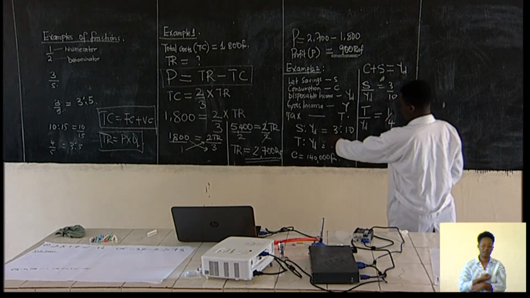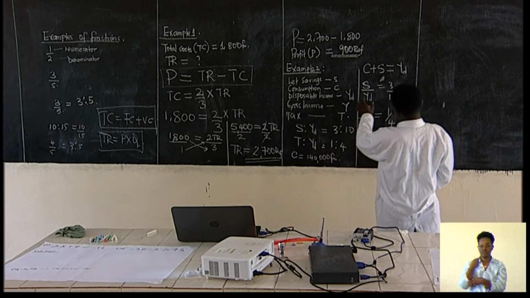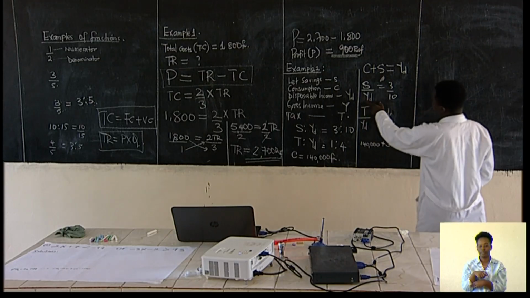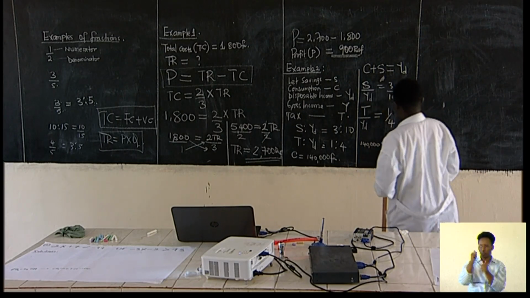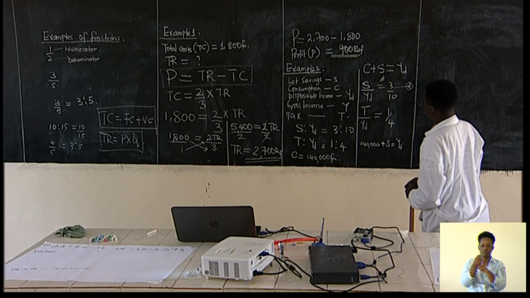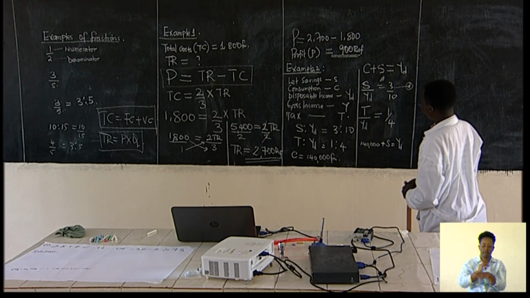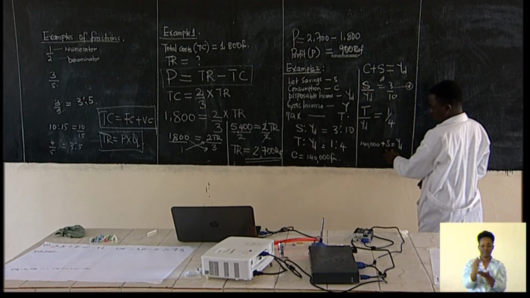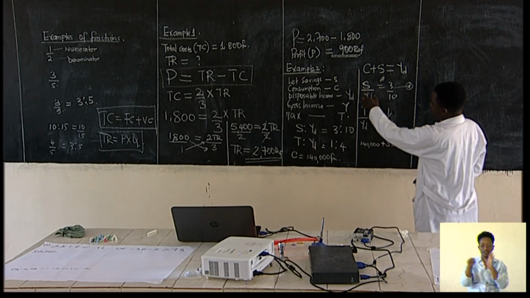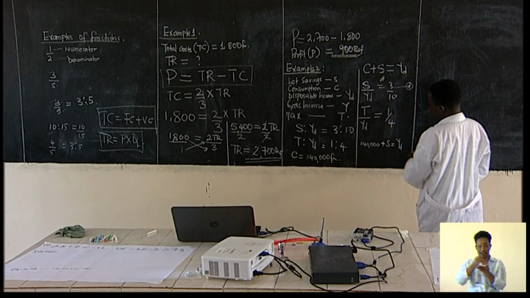But we can look at this statement, which we can use to get our disposable income. We can get the value of savings from this, then substitute it there.